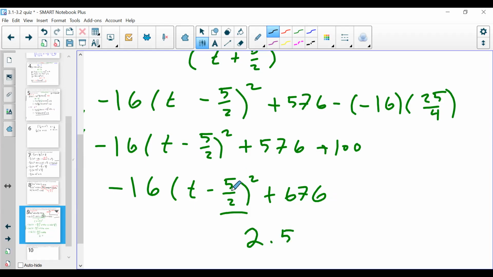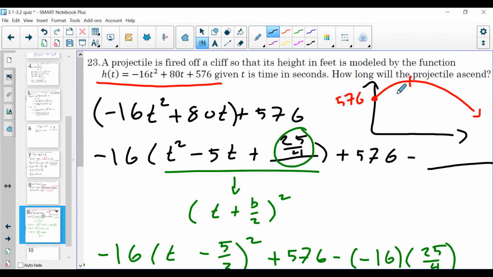Your k term for the vertex, back to the picture I drew at the very beginning, is 5 over 2, 676. That tells me both how long I'm increasing and what the maximum value is. So my maximum is 676, and I'm increasing for 2.5 seconds.